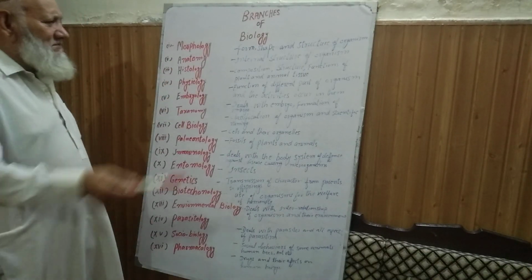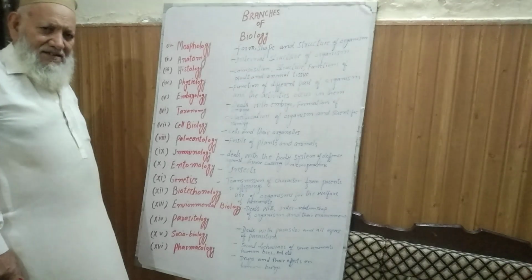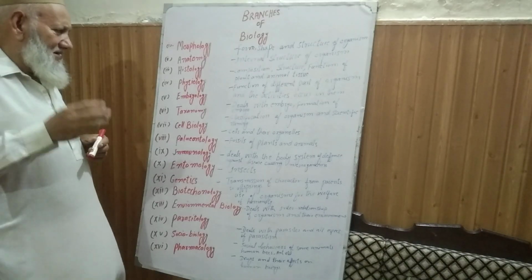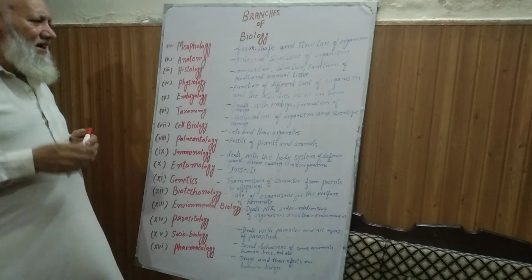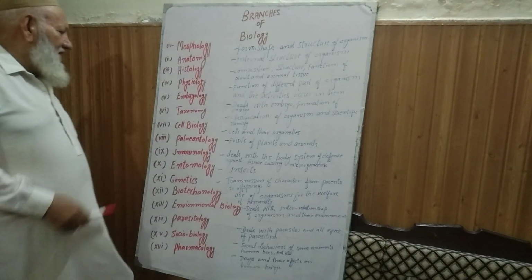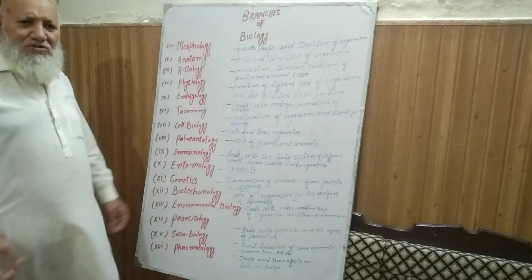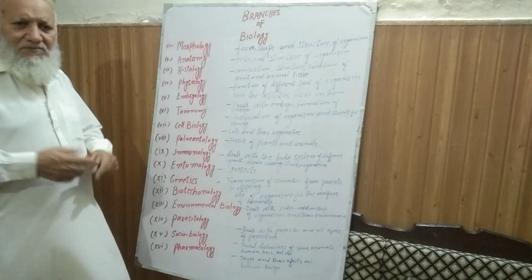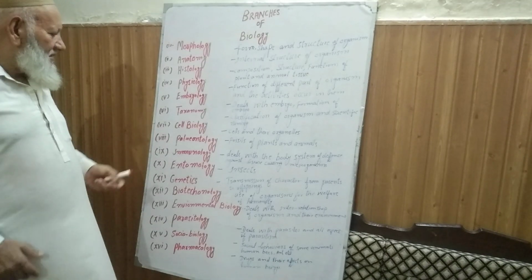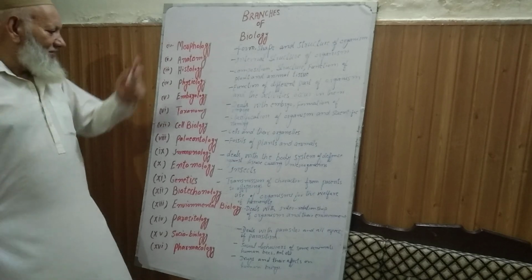Physiology: the function of different parts of an organism and the activities that occur in them are studied. This branch is called physiology. Embryology. There the embryo is studied. Two gametes meet with each other and form the embryo and later on produce the young one. This type of study is called embryology.